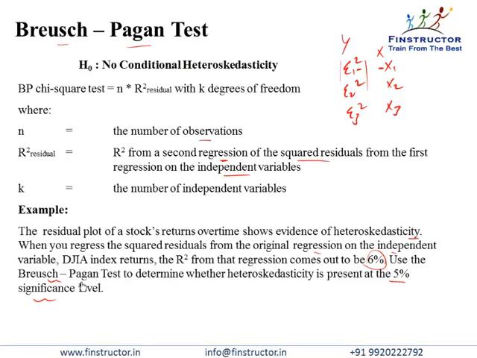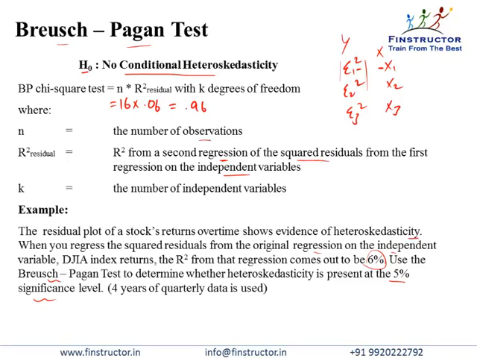So if you are doing the Breusch-Pagan test, then our null hypothesis is that there is no conditional heteroskedasticity. The test statistic is calculated as n, which will be 4 into 4, 16, into the R square, that is 0.06. That comes out to be 0.96.